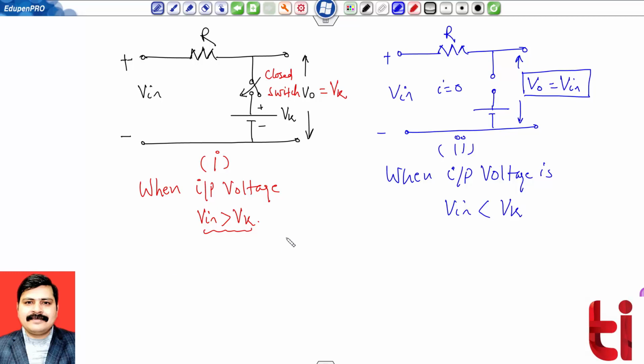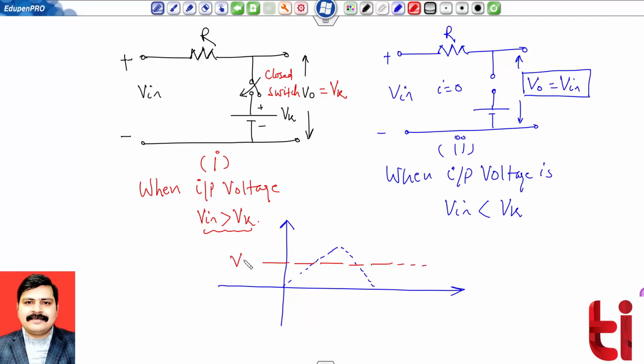So let me draw the waveform for the positive half cycle only. Let me draw first the dotted waveform, and this is my reference level of battery Vk on the positive side. Then the output voltage V0.